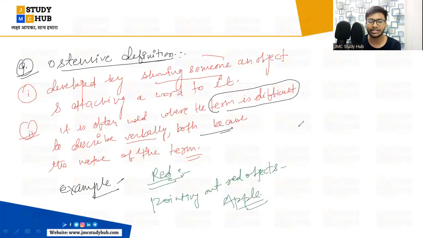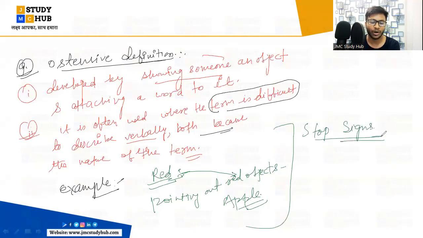Pointing out red objects, that is an apple, that looks red, that you are defining. That is the ostensive definition. For example, a stop sign. This is the ostensive definition. Everybody, quickly tell me one more example. Sometimes we won't know the colors, so we show the colors.